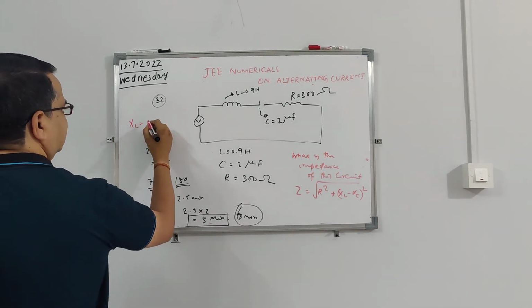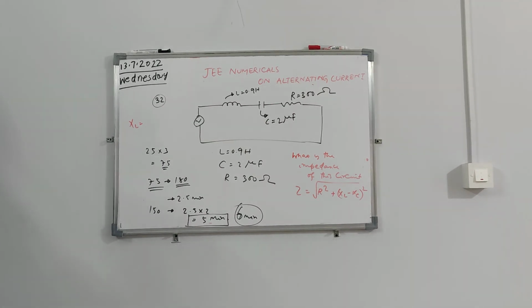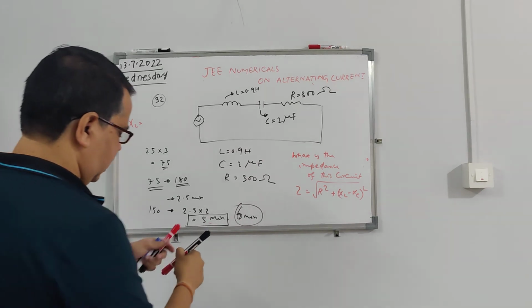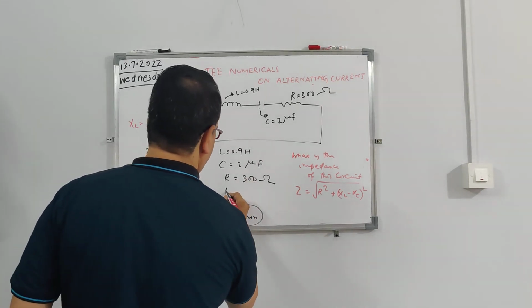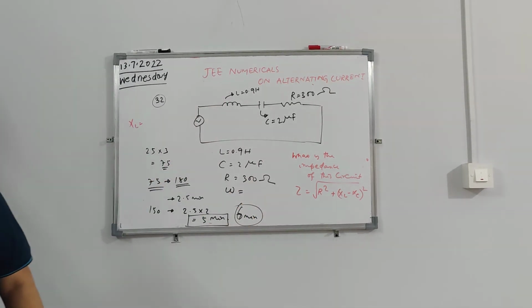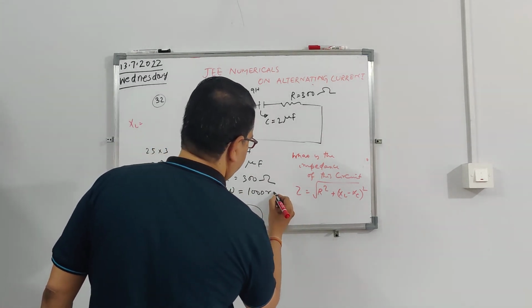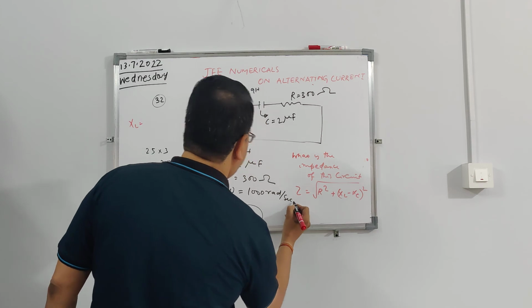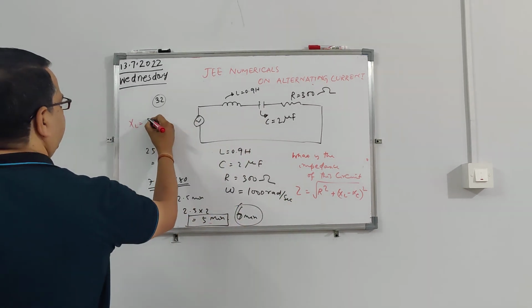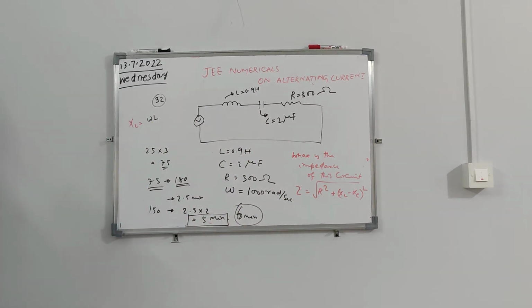XL is equal to 2 pi FL, but here they have given omega. Omega is equal to 1000 radian per second. So XL is equal to omega L, you don't go into frequency.